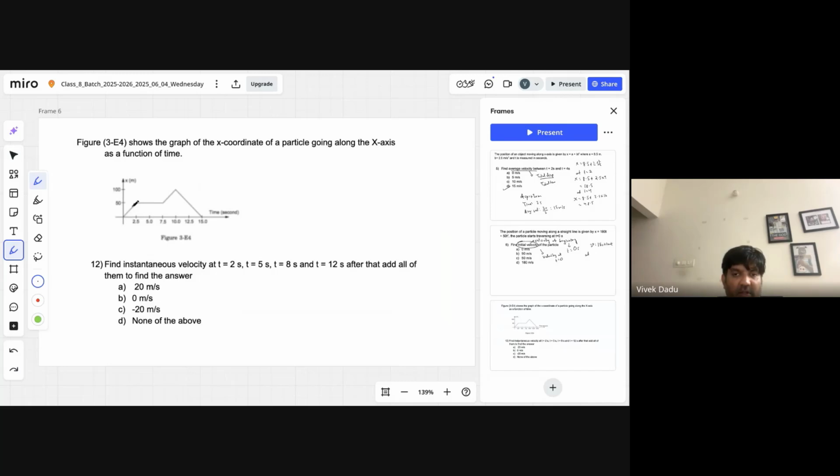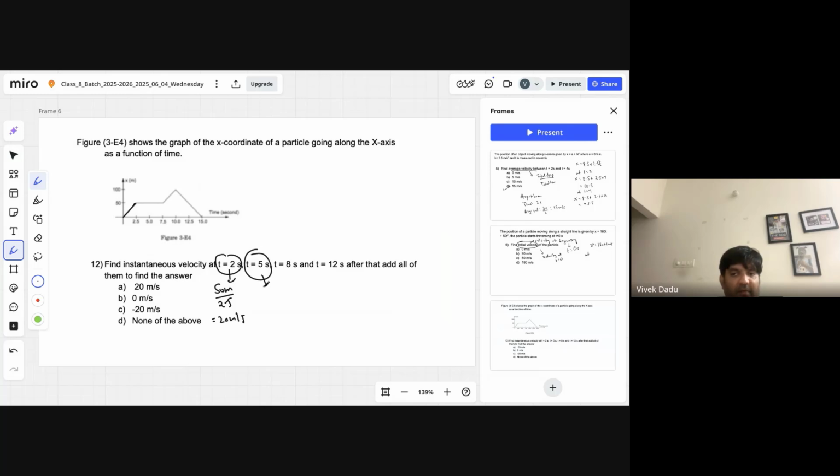Rudransh, how will you calculate the instantaneous velocity in this phase? It's a straight line, so instantaneous velocity and average velocity will be the same. So how much distance? In 2.5 seconds, he is covering 50 meters, which is 20 meters per second.